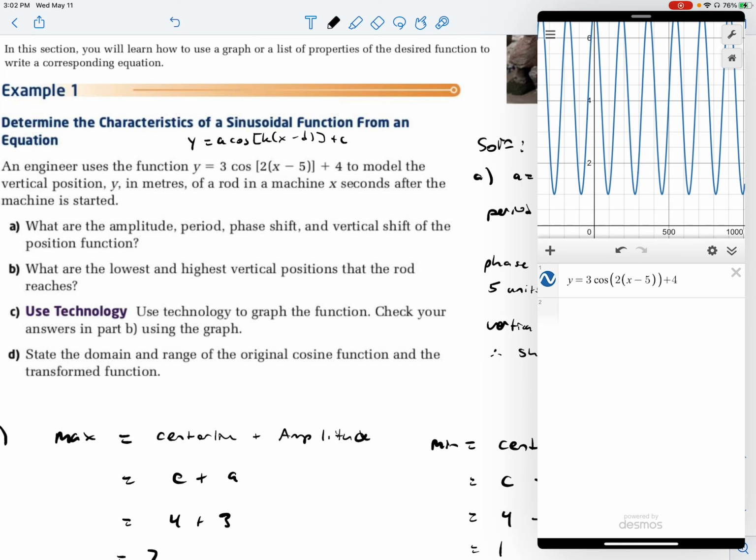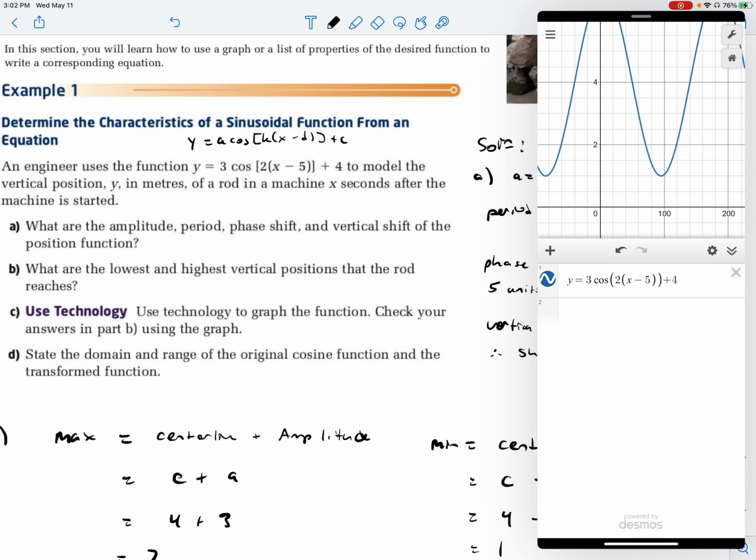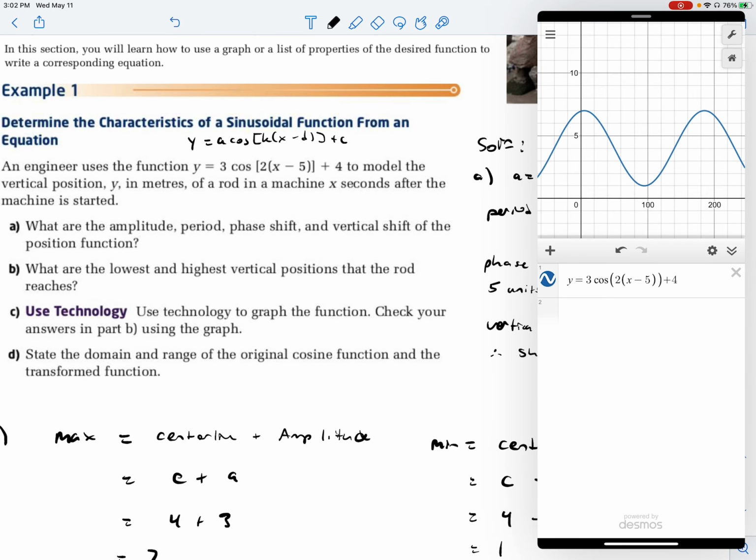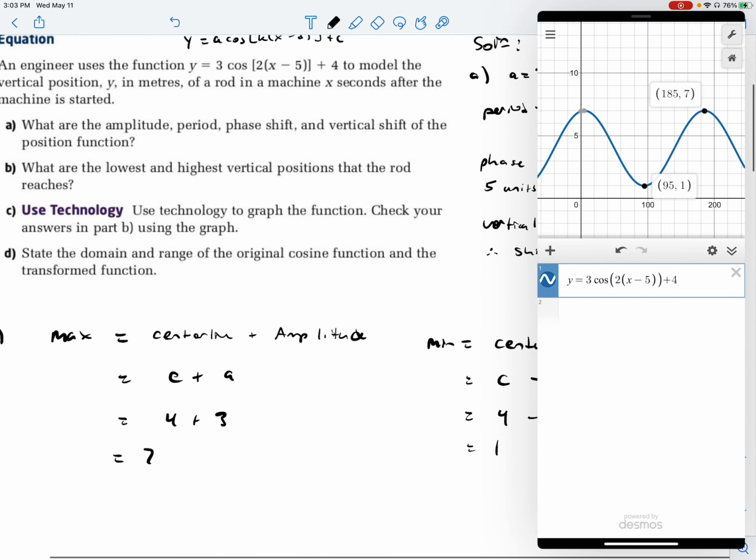So it's a little hard to see. I'm just going to stretch out the x-axis a bit. Okay, so my max value, we can see that has a y value of 7, and the minimum has a y value of 1. So that definitely checks out what we had said back here for our max and min.